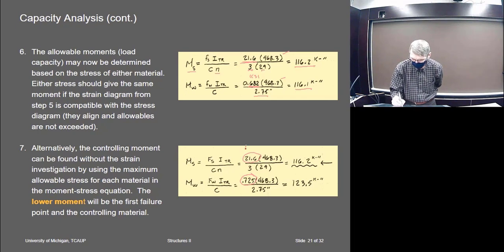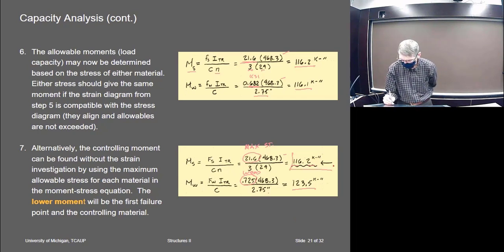So this is the max for the steel, and this is the max for the wood, right? The max stress. And I put that stress in KSI in both of them. And then you fill out the rest of it exactly the same as before. And you get two different values. But the lower one is going to be the one that controls.